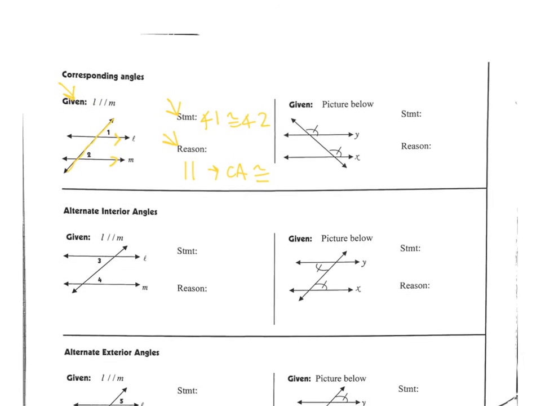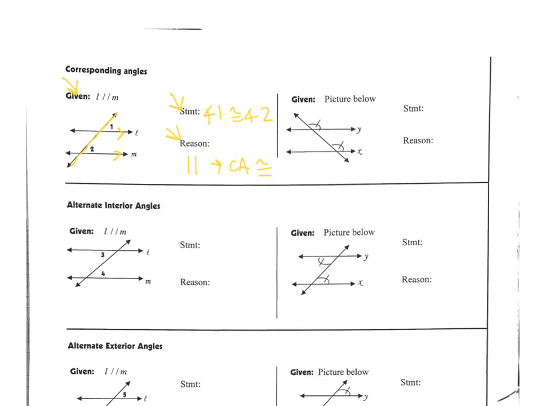Okay, now look at the next one. The given information changes. The given information is that we have this angle congruent to this angle. And if we are given that those angles are congruent, what we can say is that line X is parallel to line Y. And our reason behind that would be that corresponding angles are congruent and therefore imply that the lines are parallel.